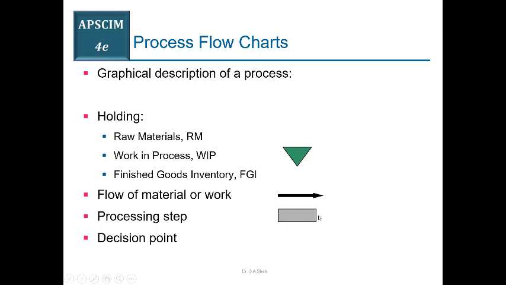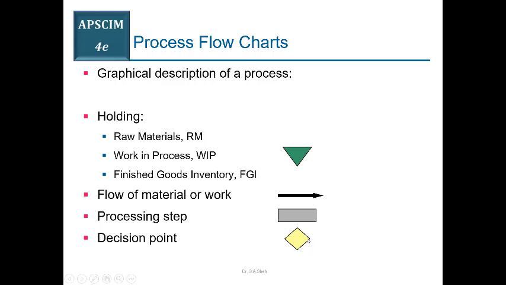So wherever you see a rectangle symbol within the graphical model of a manufacturing system, it will be referring to some processing activity. And then you have a decision point, and decision point is normally located at the end of the processing step or at the end of the holding symbol.